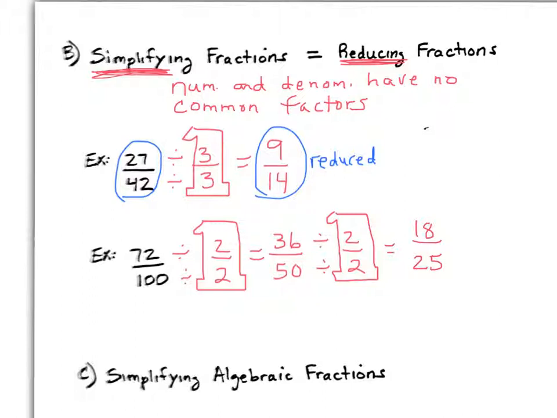Nothing. Well, 1, but that won't do me any good. So this is reduced. Nothing else can divide into 18 and into 25. And by the way, 18 25ths is equivalent. They're equivalent. They actually are equal.